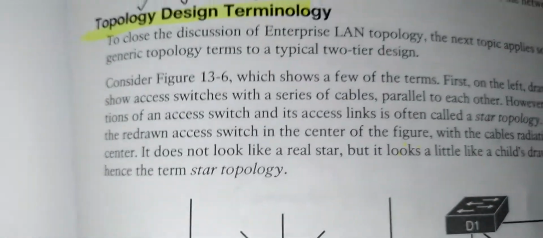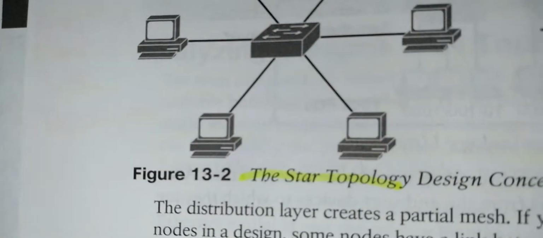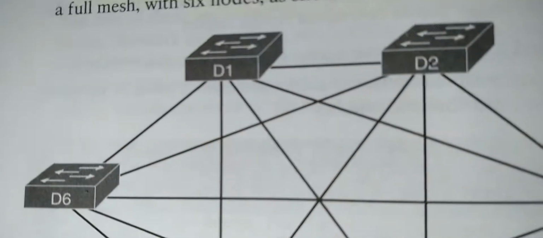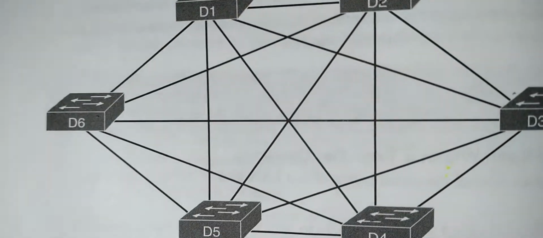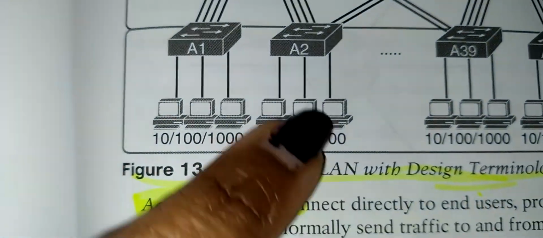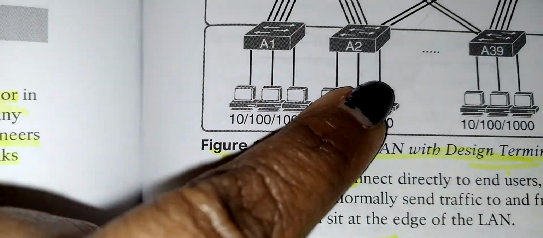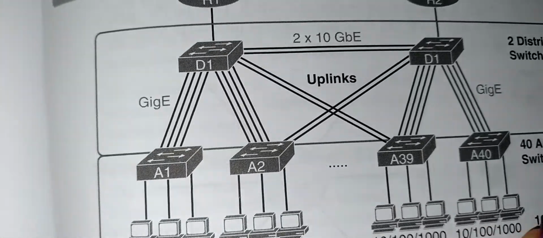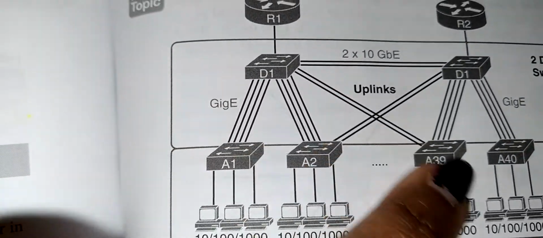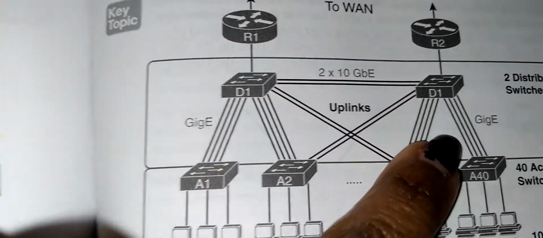And if you've never seen a mesh or a star, here's a star topology, and here's a mesh. This is a mesh. As you can see, the access layer goes to the end users, and then the access layer goes to distribution, which is a mesh, uplinks.